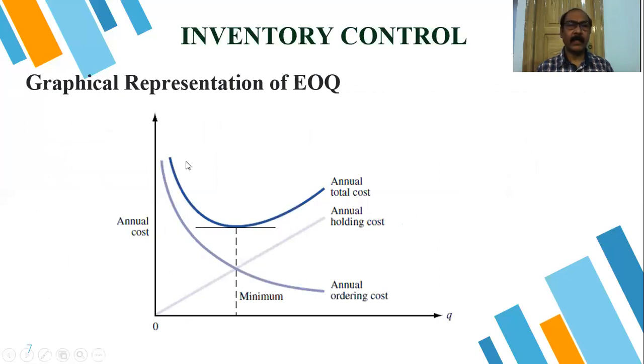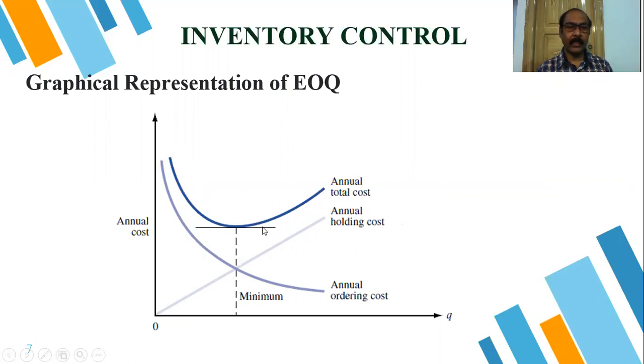This is the graphical representation of the EOQ. Now, this is one curve, this is one curve, and this is one curve. This is the annual total cost. We already learned what the annual total cost is, or we can see it during the development of the model. This is the annual total cost, and this is the bottom of the curve.